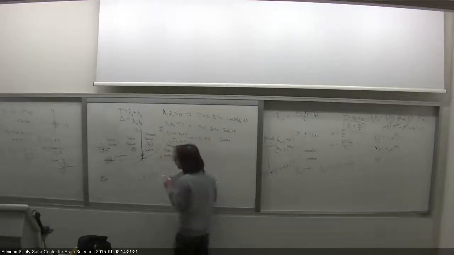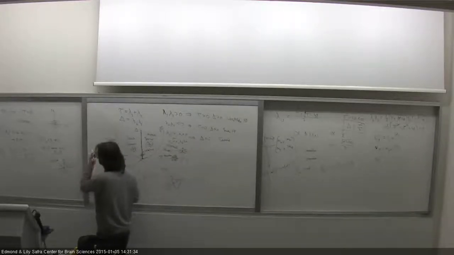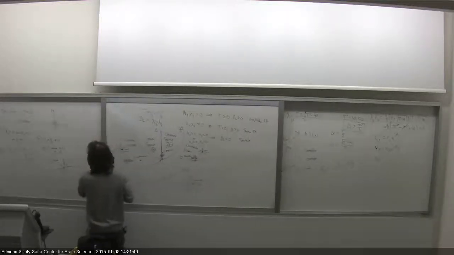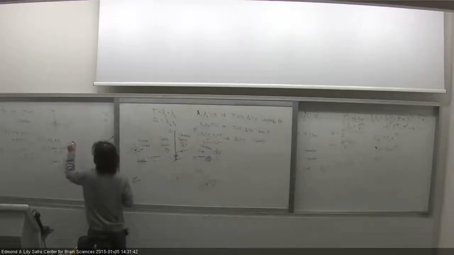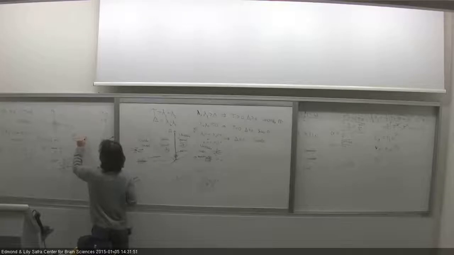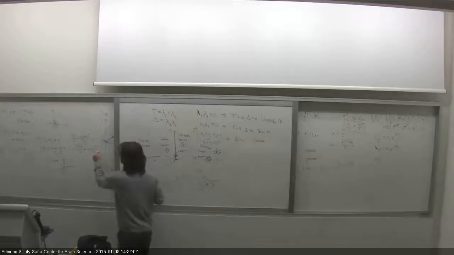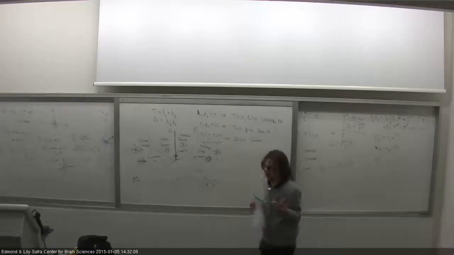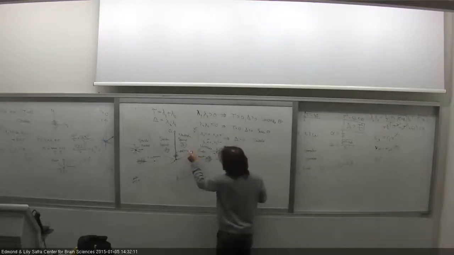So, and these cases occur on the parabola, because we know that the trace square over 4 is lambda 1 plus lambda 2 square over 4. This is just 2 lambda 1 over 4, and this is just lambda 1 square equals delta. So trace square over 4 is just delta. This is on the parabola, star.